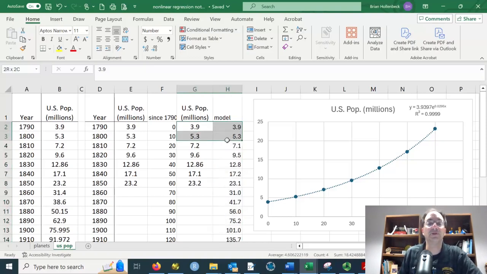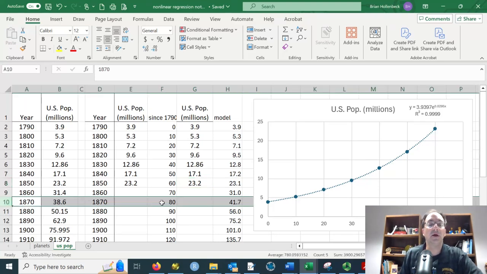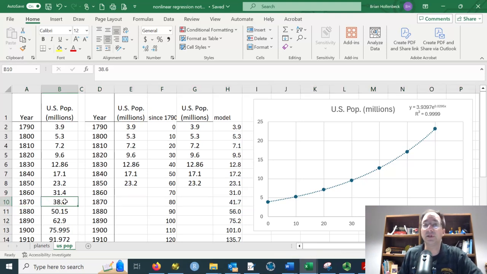So notice it looks great here for the first so many years. Visually it looks good, numerically it looks good. 23.1 versus 23.2 million in 1850. We mentioned predicting for 1870. Our semi-log model got 40 million, Excel gets 42 million, and the actual is 39 million.